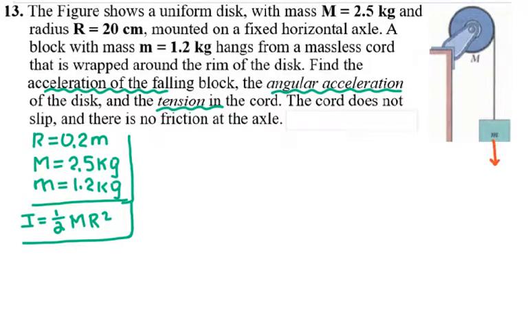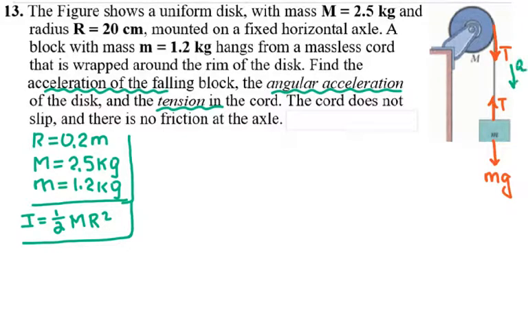So we have the force mg, we have the tension, and if I look at the disk, tension is causing the torque or rotation of the pulley, and there is acceleration.